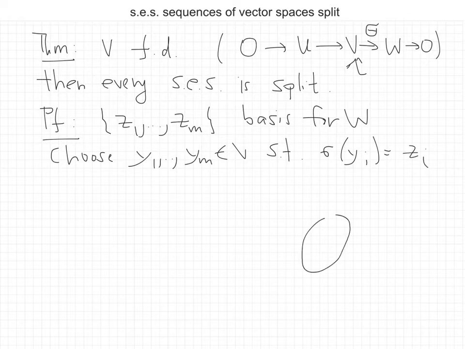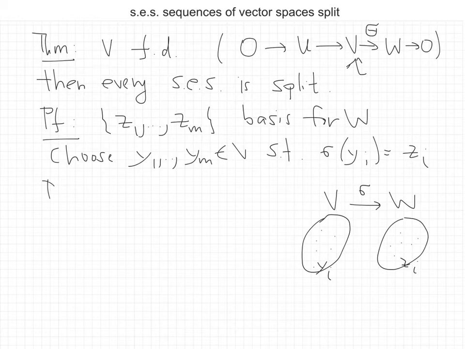So you have here just V and W for the moment. Here you have your sigma. So we've chosen a basis in W, and we call those basis vectors zi. And all we do is we choose, because sigma is surjective, we can do that. We can choose vectors yi in V, which map by sigma precisely to zi.